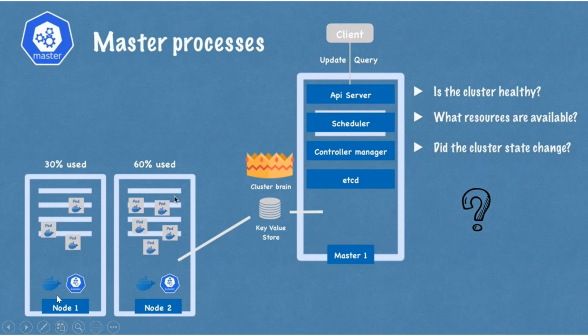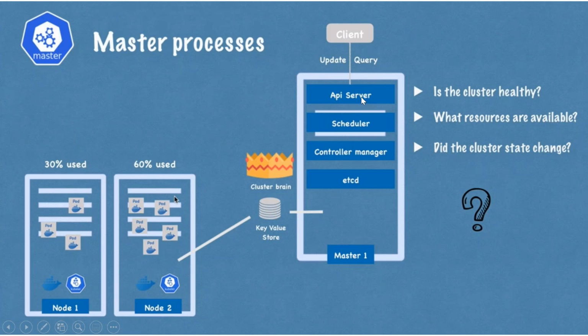This guy is 30% occupied. On this worker node, 3 pods are running. On this worker node, 5 pods are running. I can put 3 more pods here. I can put 5 more pods here. So all those details can be stored here on the etcd.